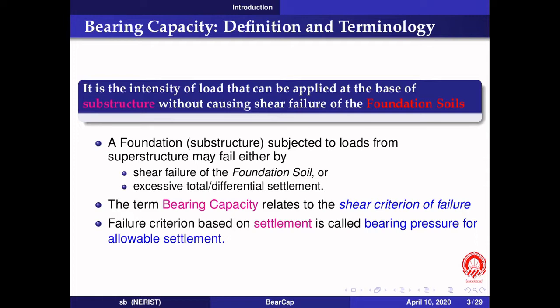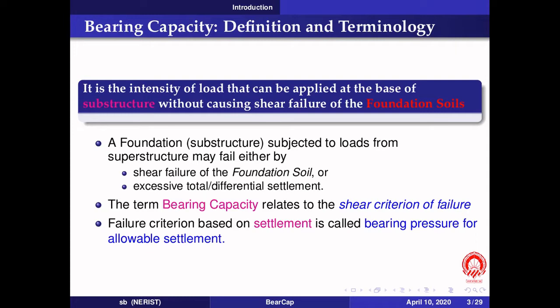Safety means, in the context of geotechnical engineering, that the soil beneath the foundation should not fail due to shear failure of the soil.